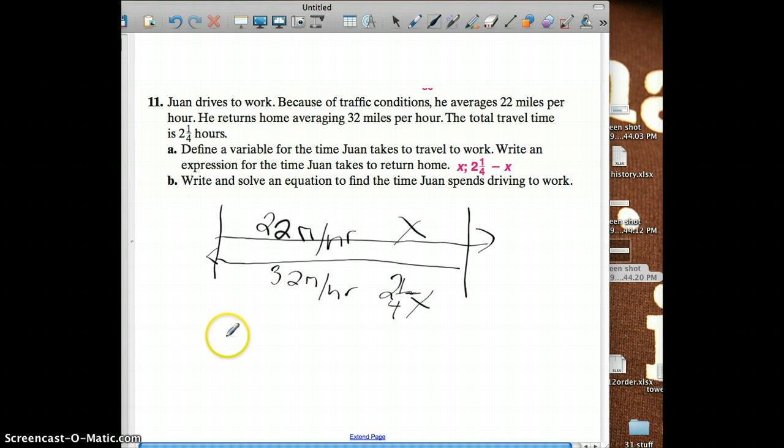So now we need to write and solve an equation. Again, the distances are equal, so we're going to set up 22 times x on the left side and 32 times, and I'm going to change that to 2.25, 2.25 minus x, close parenthesis.